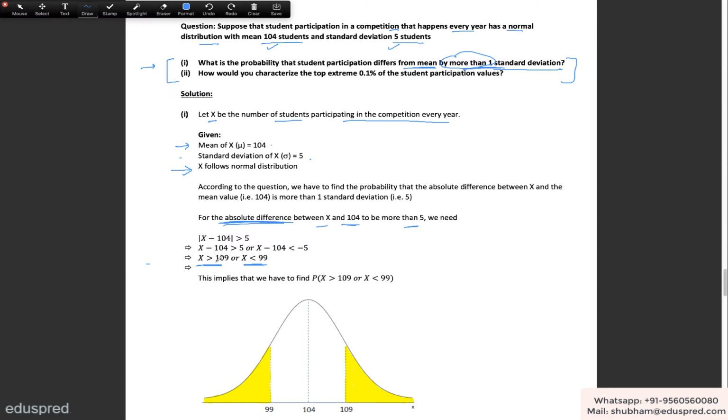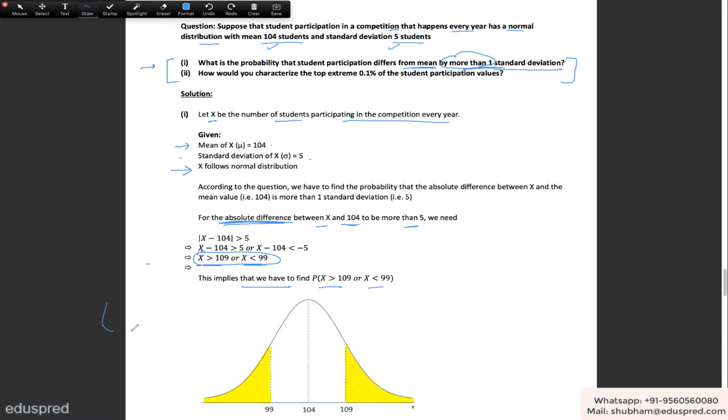Because if x is greater than 109, then the difference between x and mu is greater than 5. Similarly, if x is less than 99, then the difference between x and mu is greater than 5. So these are the two cases that we have, and we have to find the probability that x is greater than 109 or x is less than 99.